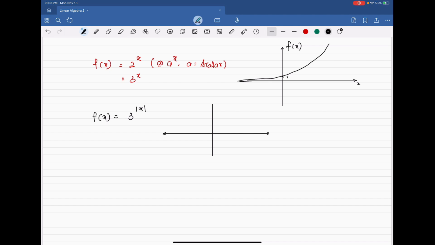The answer is like this. These functions, this type of functions are given in the GATE exam. Please try to understand them. This is value 1. This is 0. This is the function x, 3 to the power of absolute x.